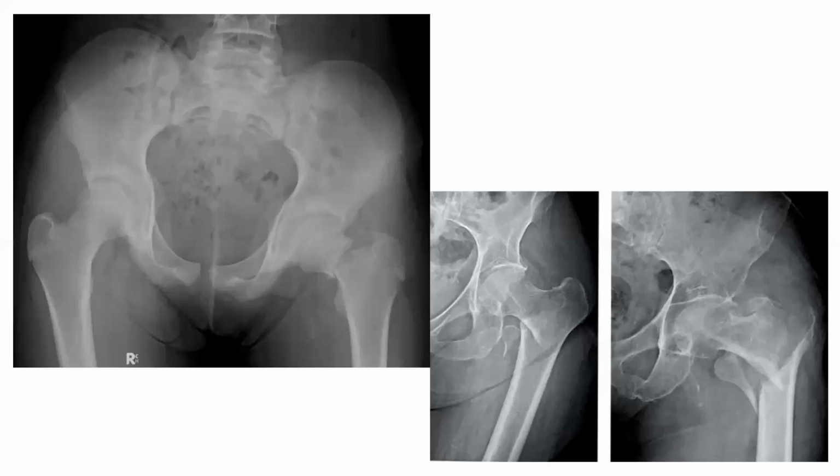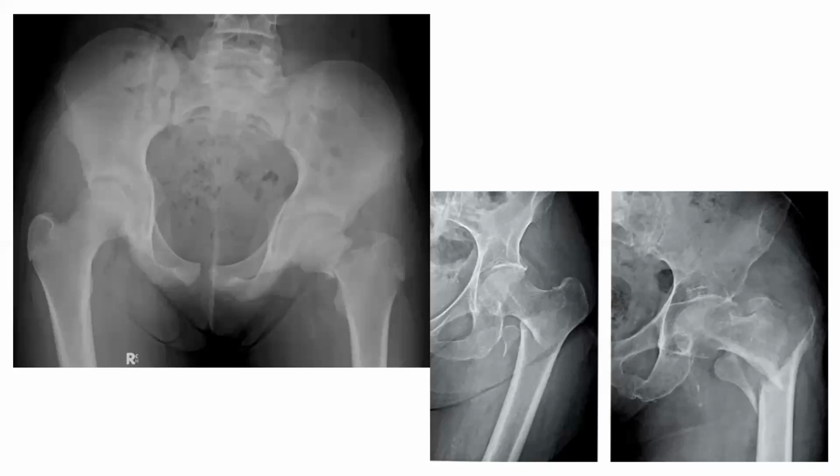So what do you mean by subcapital? Just below the head of the femur. So what do you mean by basal? It's almost at the level of the greater and lesser trochanteric line. That is a basal line there. Okay. So this one I would rather say it's a cervical. Do you agree or not?